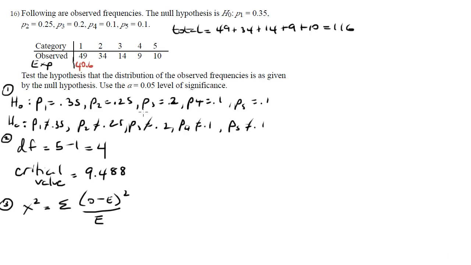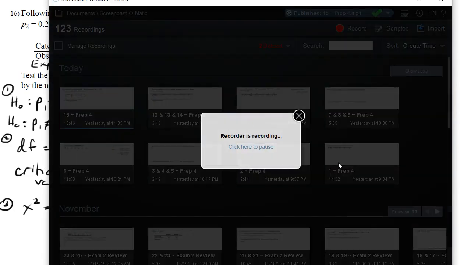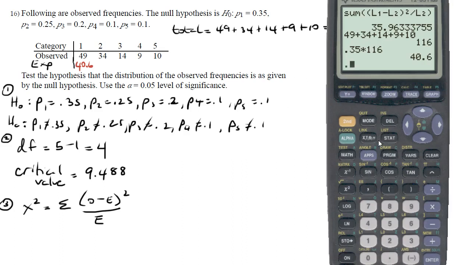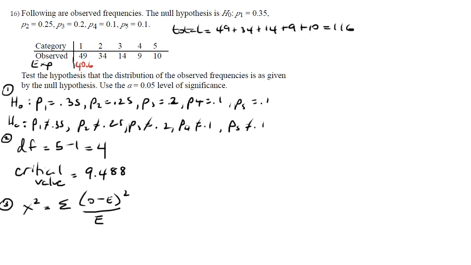Category 2, we expected to be 25% of that total. 0.25 times 116, 29. Category 3, we expected to be 20% of this total.